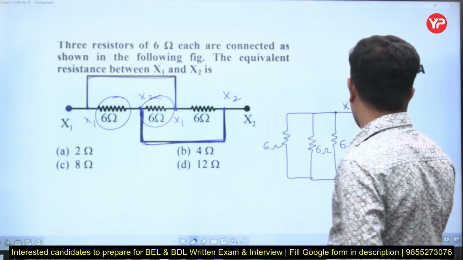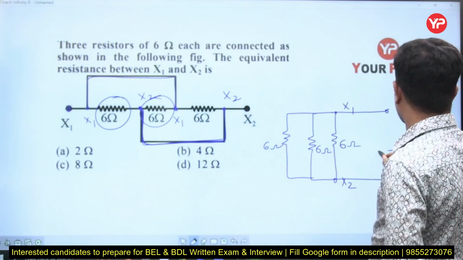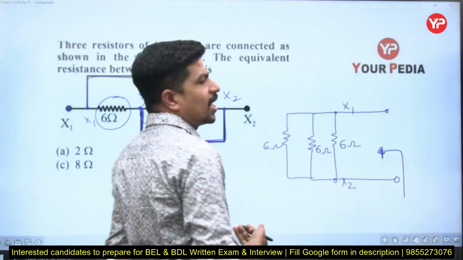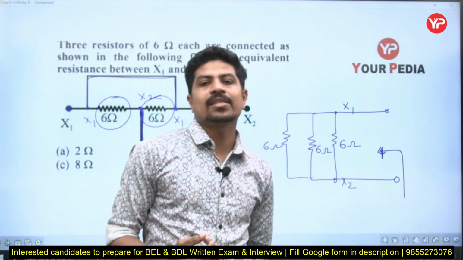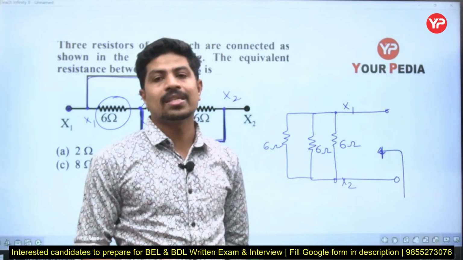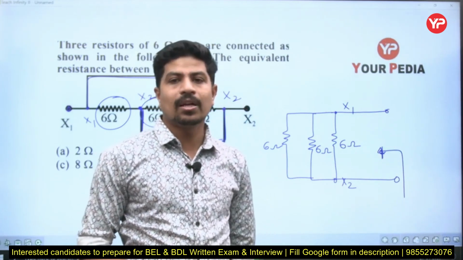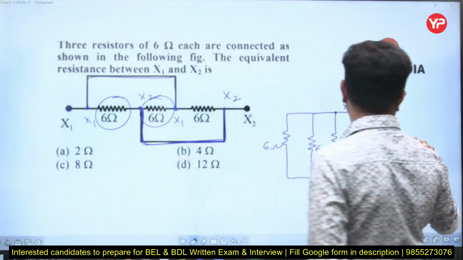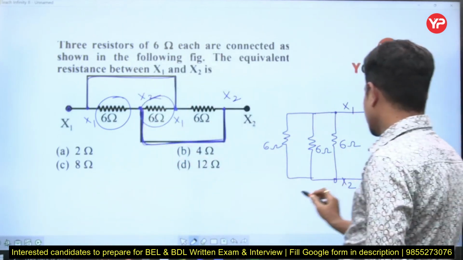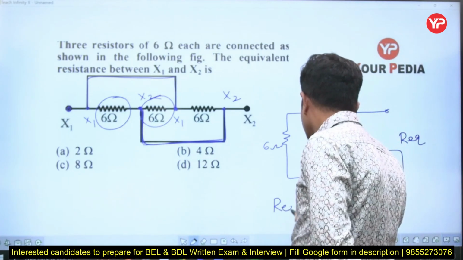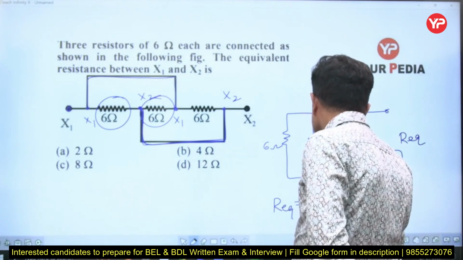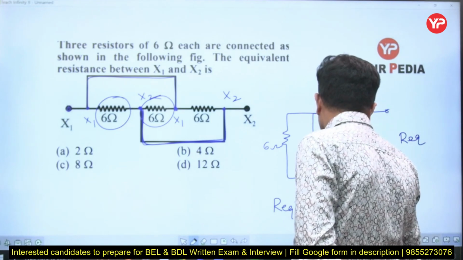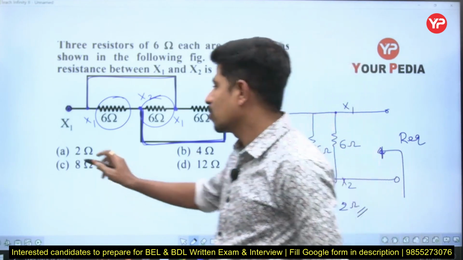All three are in parallel. If n equal resistances are in parallel, then the resultant will be that resistance by n. So R equivalent is equal to 6 by 3, that is equal to 2 ohms.